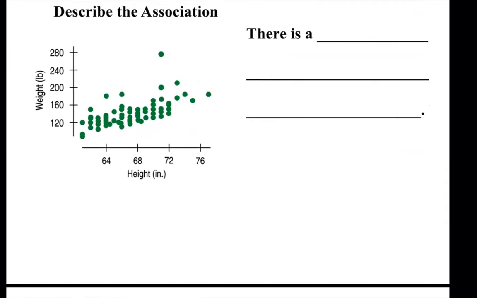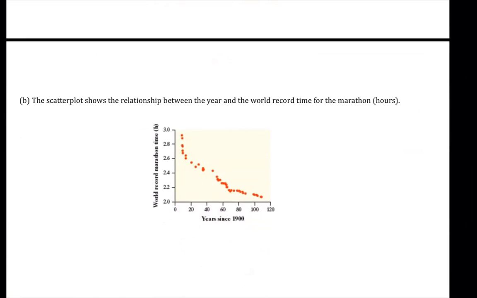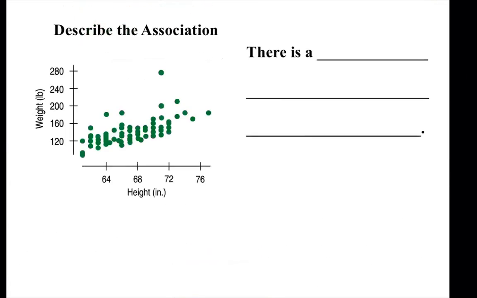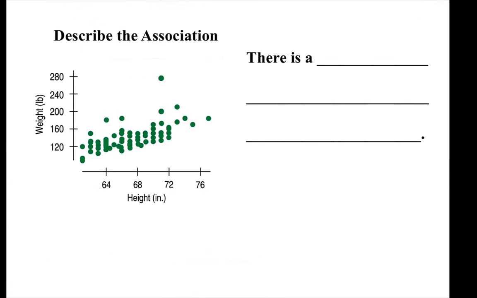This is the first one, this is the second one, that's the third one. You're describing the relationship, association, describing the correlation.